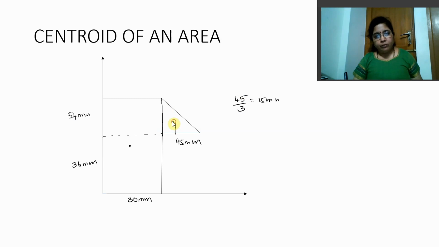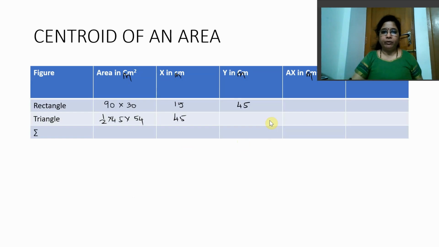Now, what is my y? Your y, this part is going to be 54 divided by 3. So it is 54 divided by 3 plus this length. What is this length? 36. That is going to be my y.